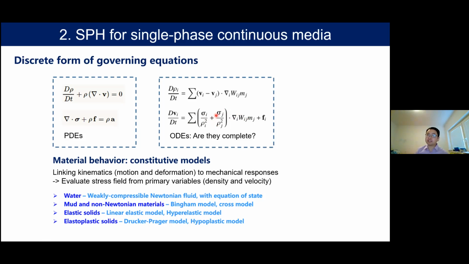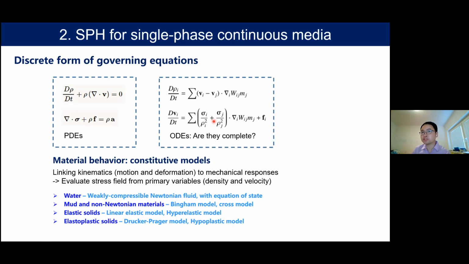This form, you can say, is symmetric with respect to the particle index. So here you can see that in this part, you compute the interaction force between particle I and particle J. And because this part is symmetric, you obtain the correct interaction force, which means that the force from particle I to particle J is the same as the force between particle J and particle I. So you conserve the linear and angular momentum.